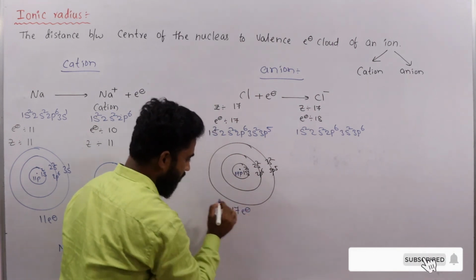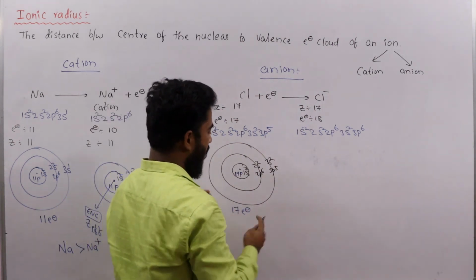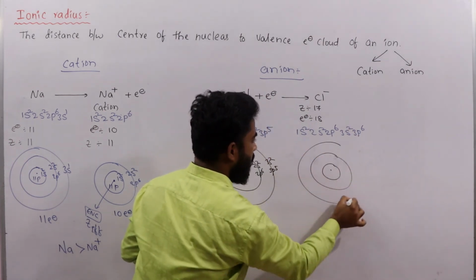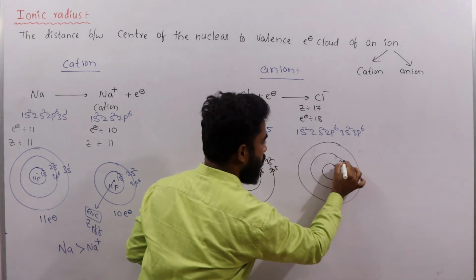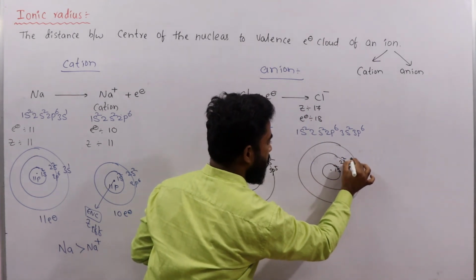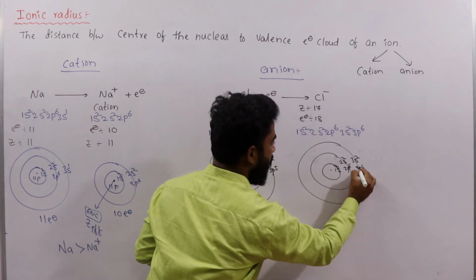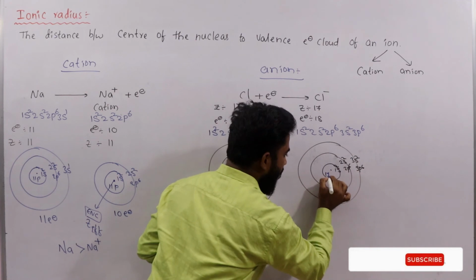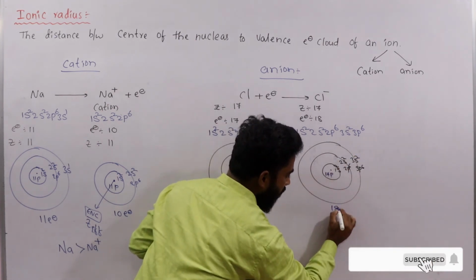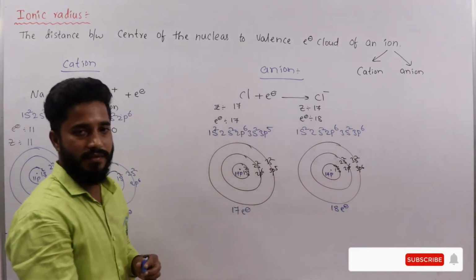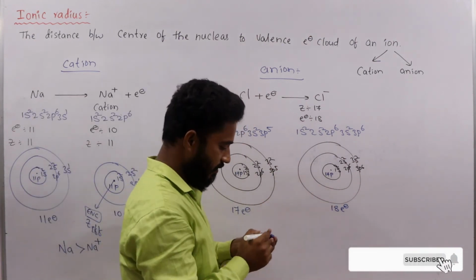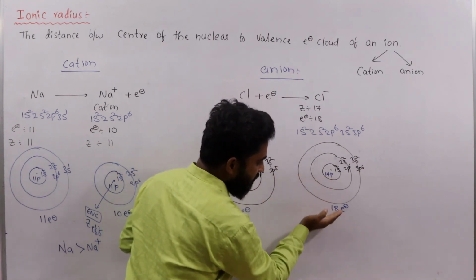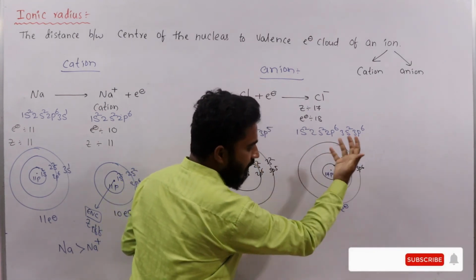In the anion, 3 shells are present with 1s2, 2s2, 2p6, 3s2, 3p6. Here 17 protons and 18 electrons are present. In the atom, 17 protons and 17 electrons; here 17 protons and 18 electrons means 1 electron increased.